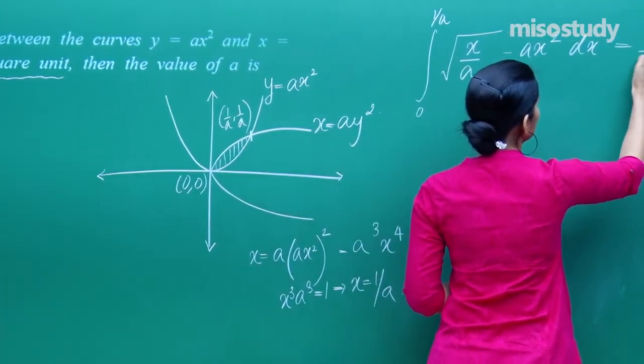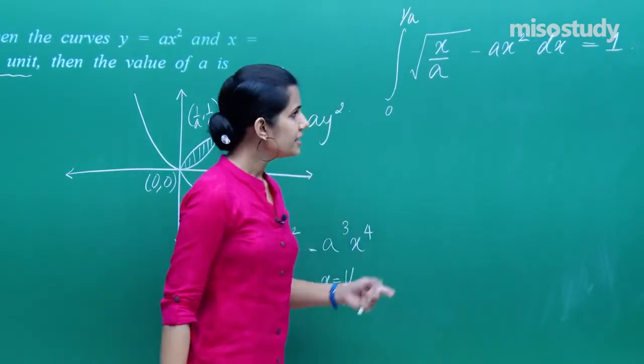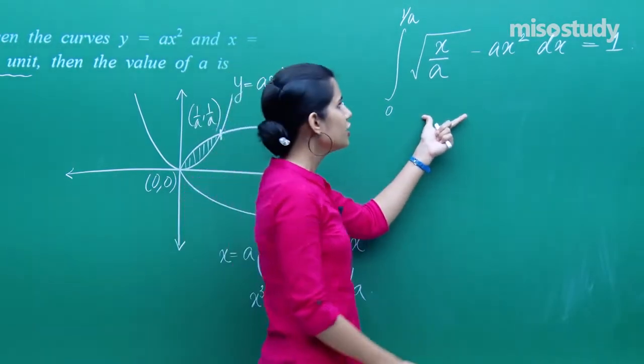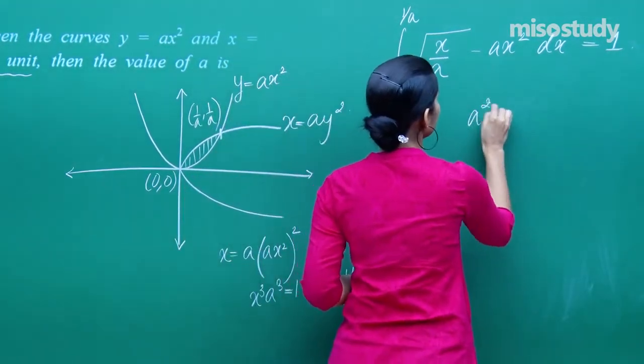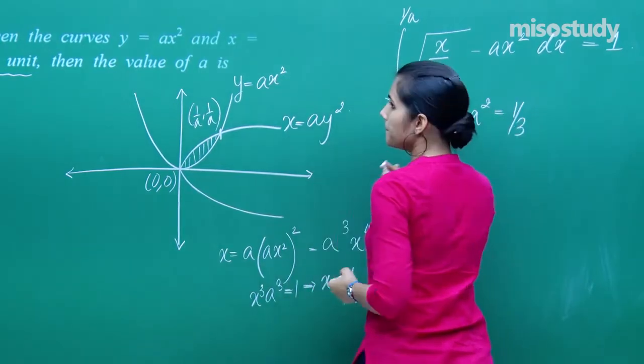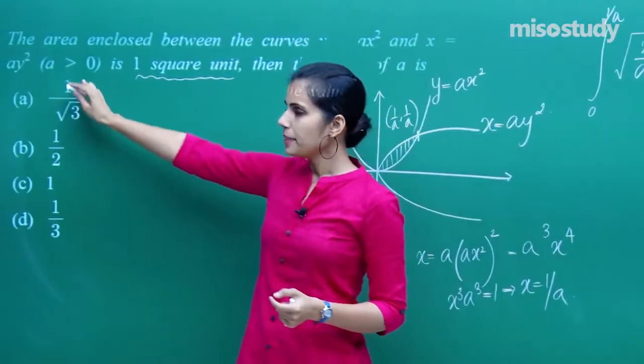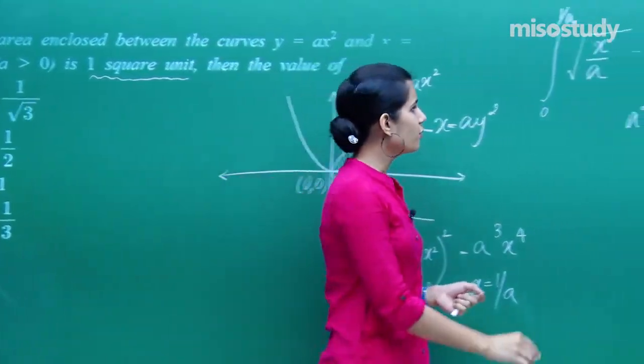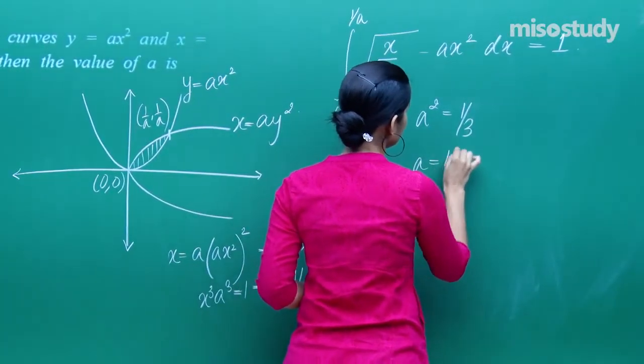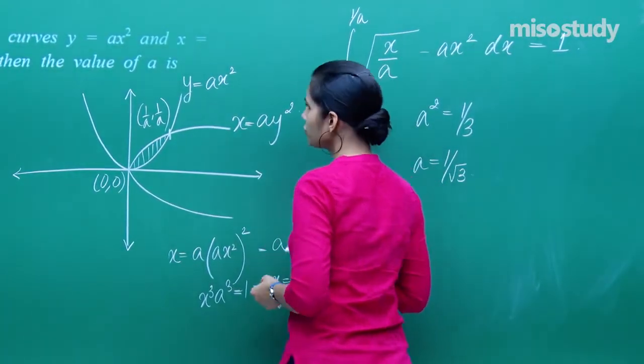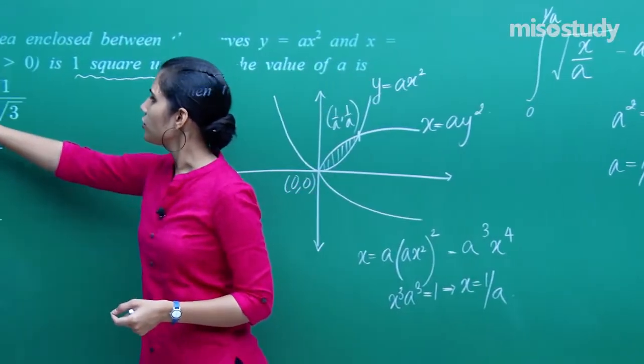This is given to you as 1. Very easily you can evaluate this integral. You are going to get a square equals 1 by 3. But because it is already given that a is positive, therefore a comes out to be 1 by root 3, and that is your answer.